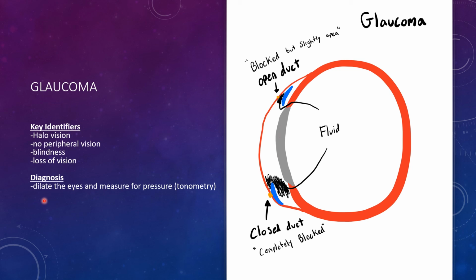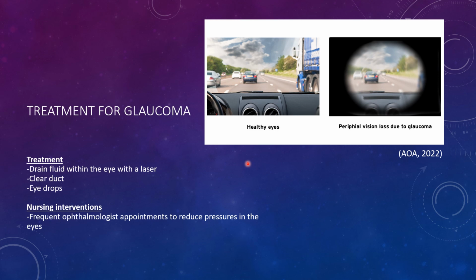To diagnose this, we can dilate the eyes and measure for pressures, also known as tonometry. Treatment for glaucoma, we can drain the fluid with a laser. That's usually done by a physician or an ophthalmologist. We can also clear the duct using eye drops.